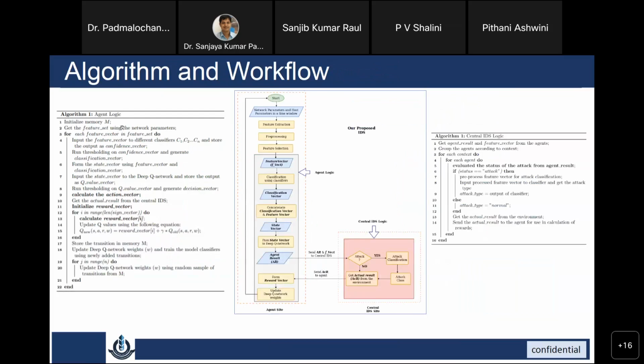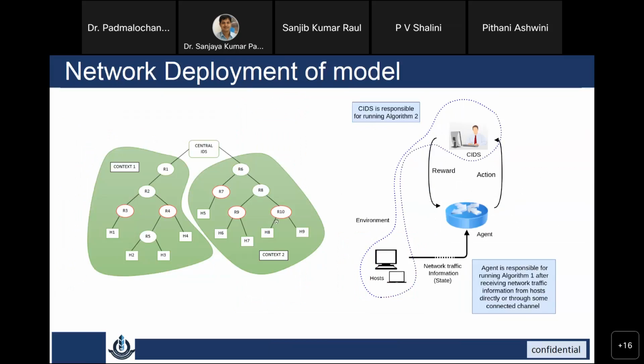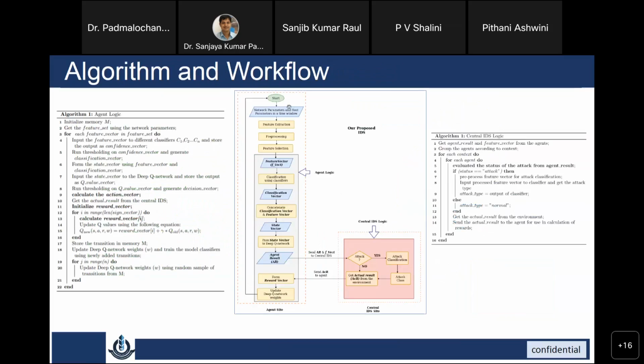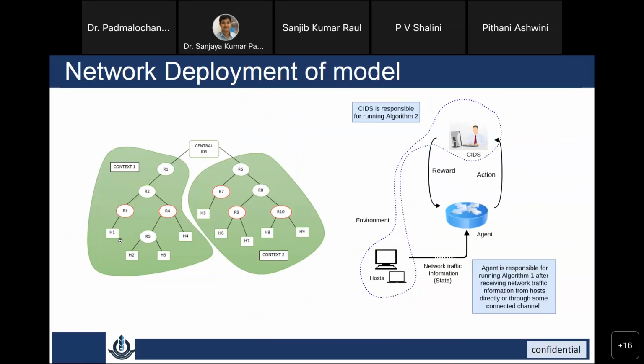You can see this is the agent logic which is running in these routers. It takes the network parameters and host parameters for a given time window, let's say 10 milliseconds or 30 milliseconds.